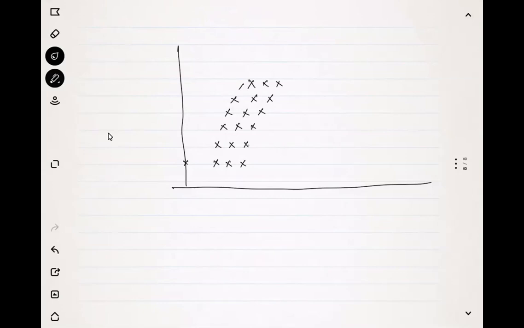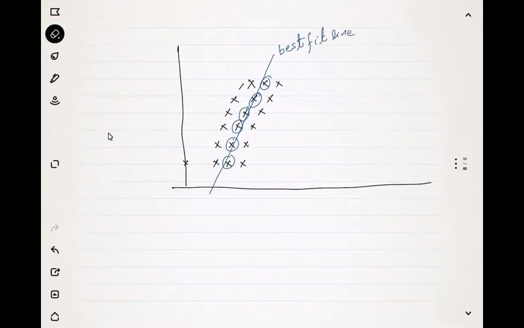So if we draw a line of best fit here, it is here. However, a better line could be this one. So this is the line of best fit.